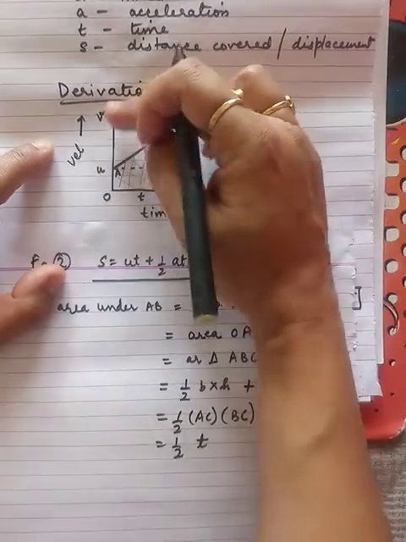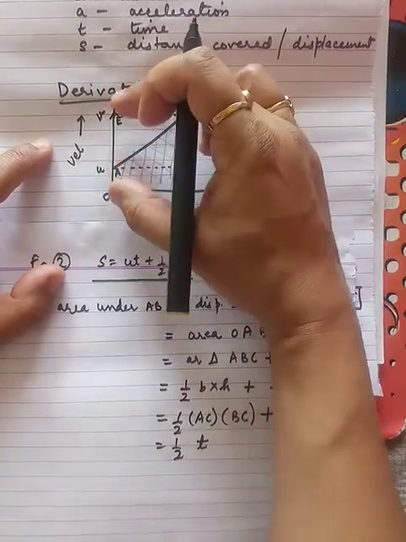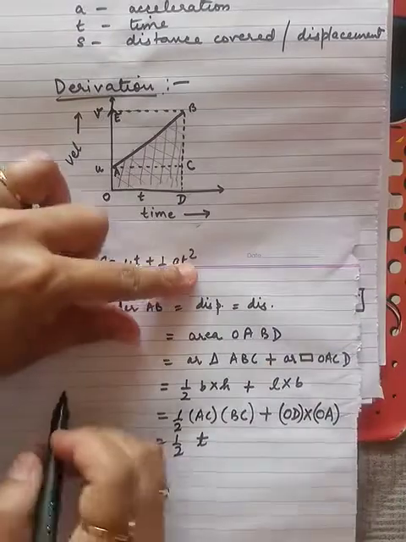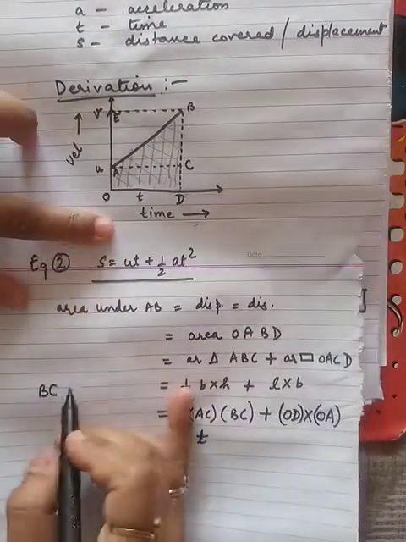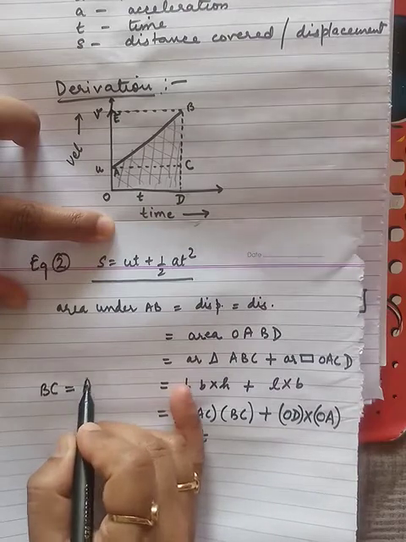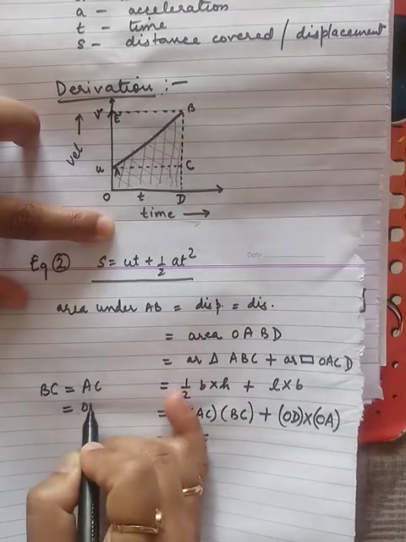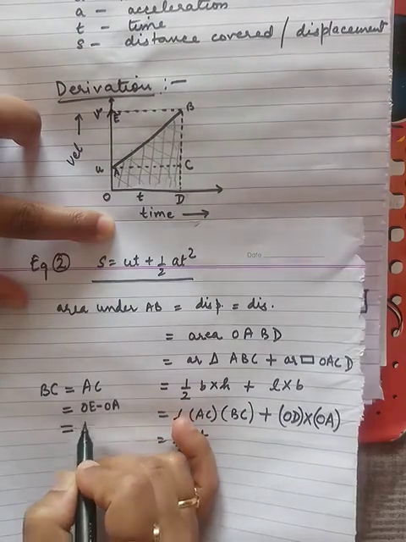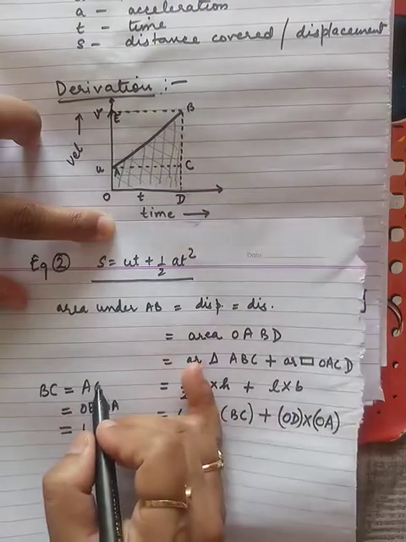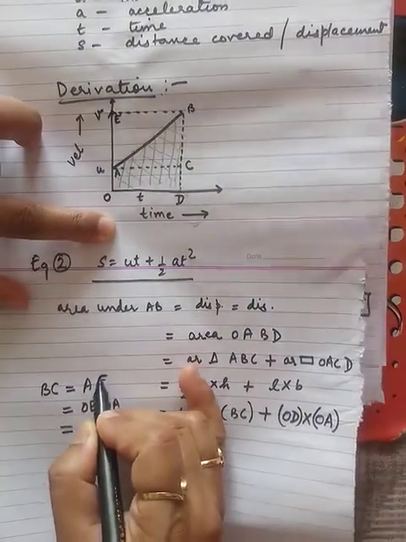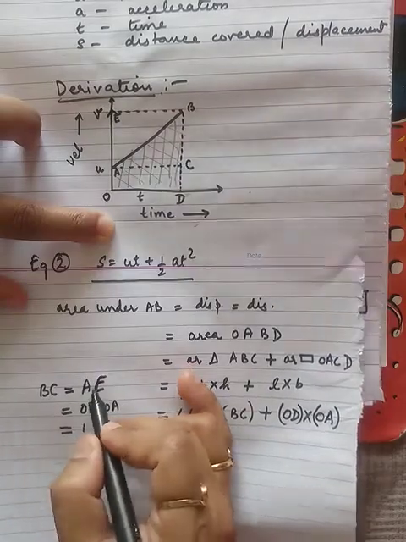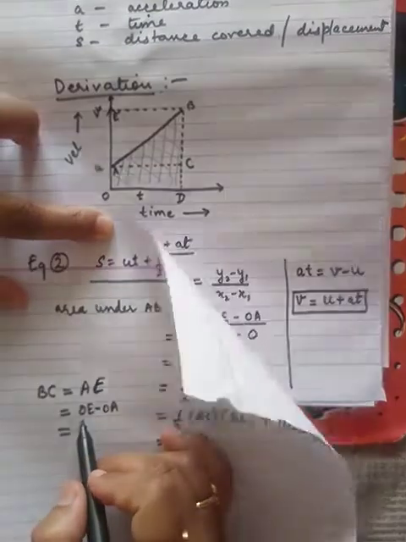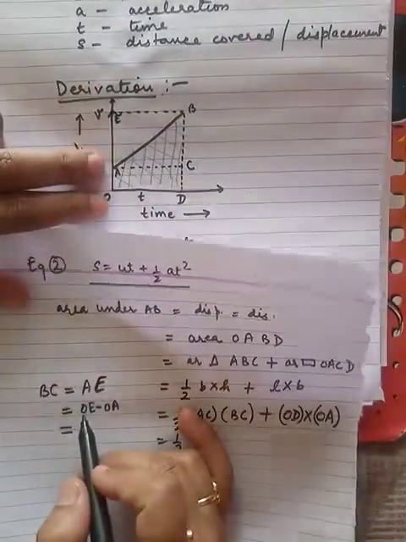It is not V, it is not U alone, it is OE minus OA actually. So BC is equivalent to AE, and AE is equivalent to OE minus OA.